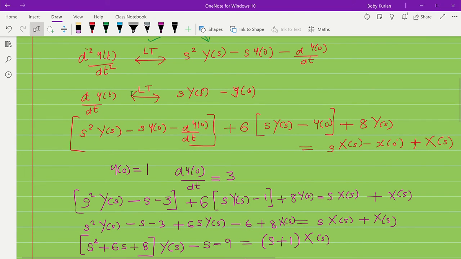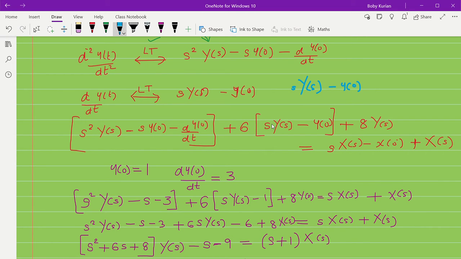Same way, for d by dt of y of t, its Laplace transform is s into Y of s minus y of 0.